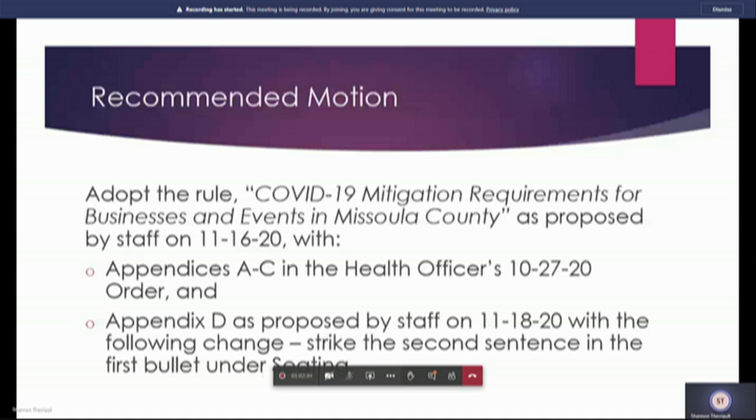But if the board does find that they want to adopt a rule today, this is our recommended motion: that you adopt the rule as proposed by staff on 11/16/20, which should be at the bottom of the sheet of paper, that Appendices A through C would be adopted as is from the health officer's order from 10/27, and that Appendix D, as proposed by staff on 11/18, which incorporates the governor's latest directive, would also be adopted.